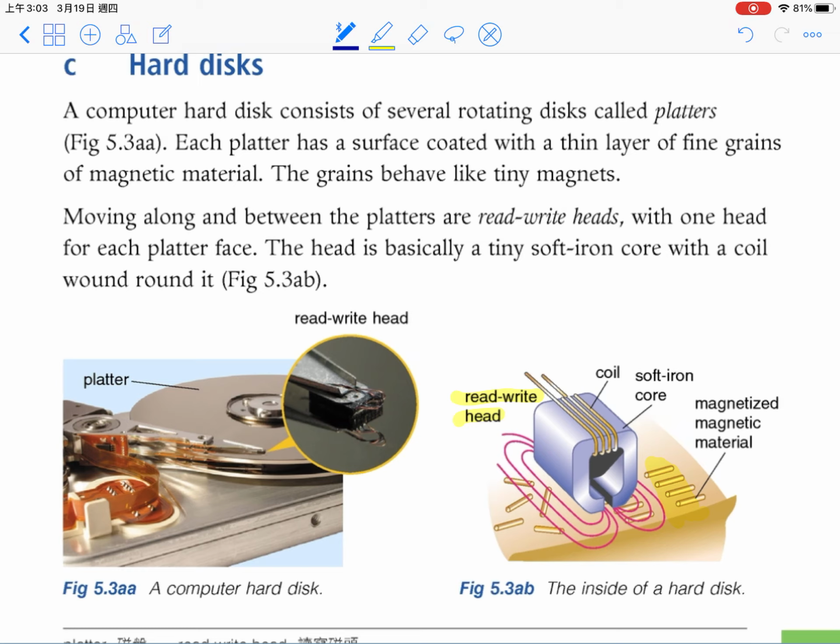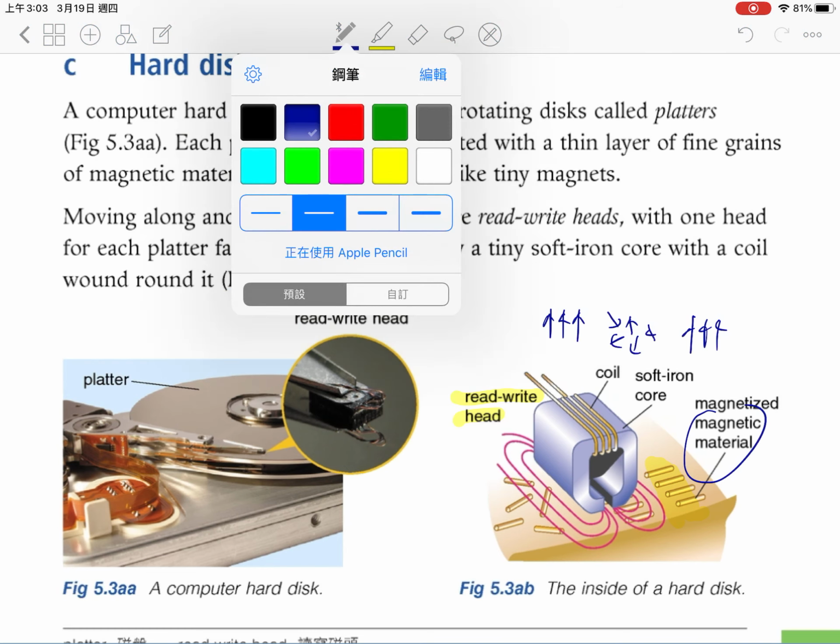It can make a good alignment of the magnetic material inside. Now say if I magnetize this part, and that part no magnetization happens, another part magnetizes again. This is the writing process.